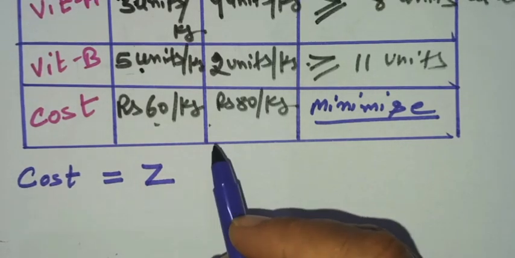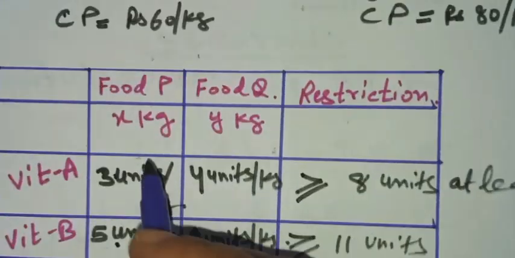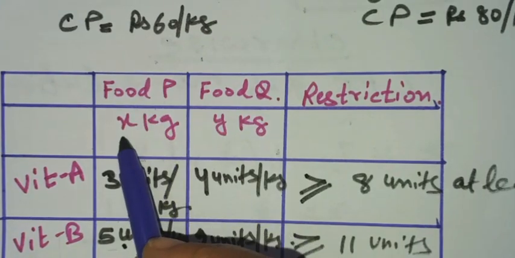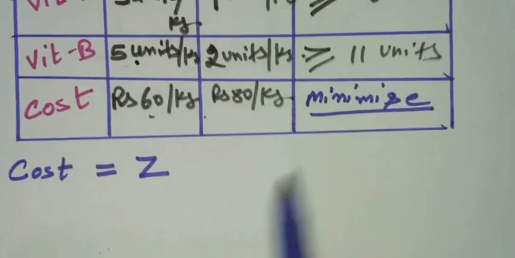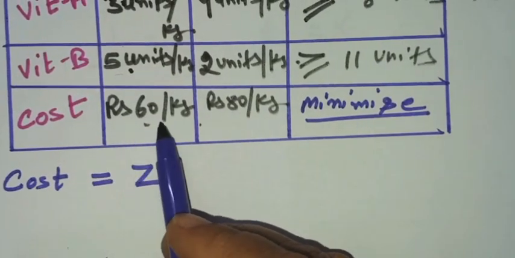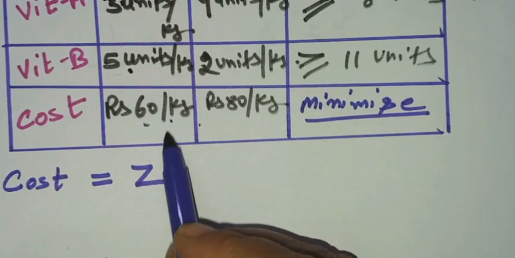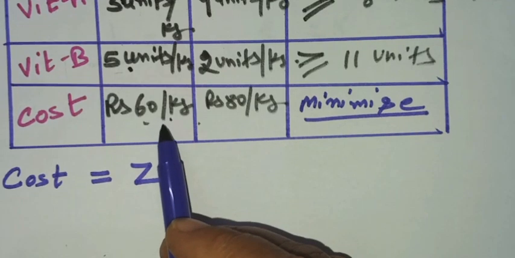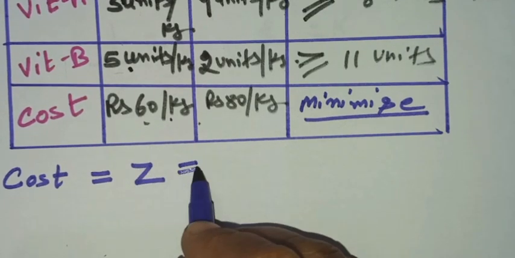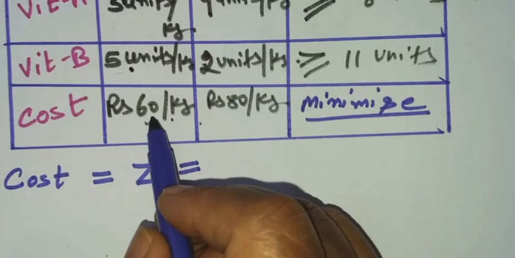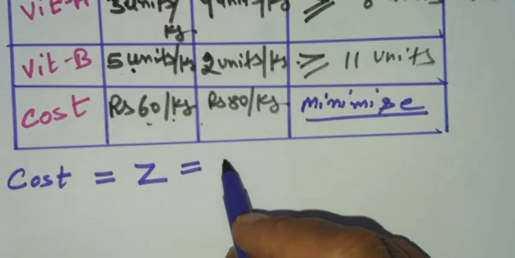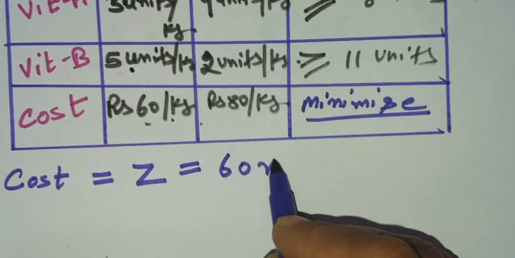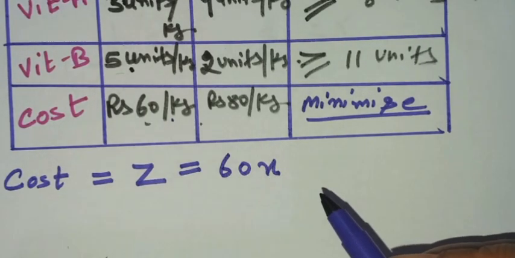Now I have already assumed that I have x kilograms of food P, and the cost of 1 kilogram of food P is 60 rupees. Then the cost of x kilograms of food P will be rupees 60x.